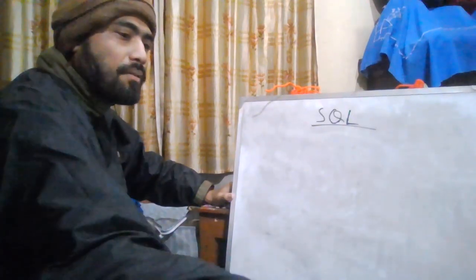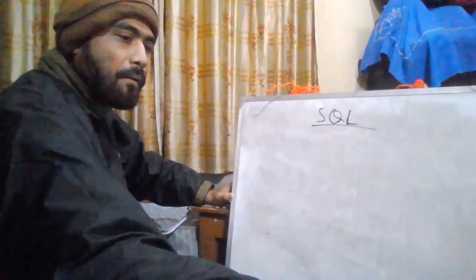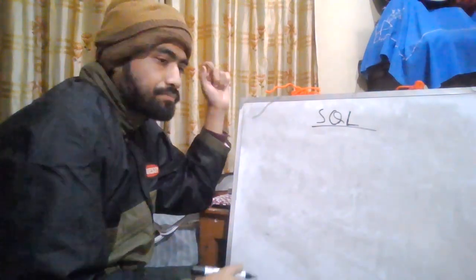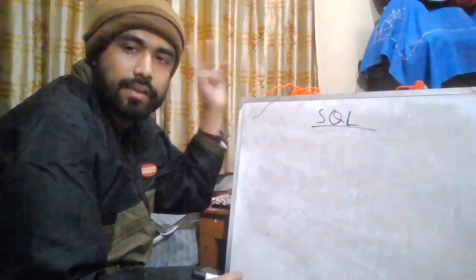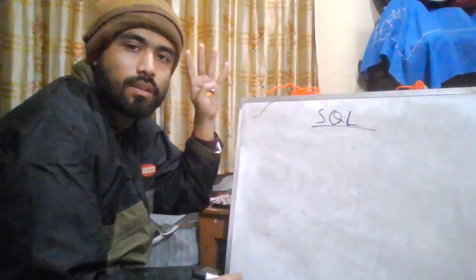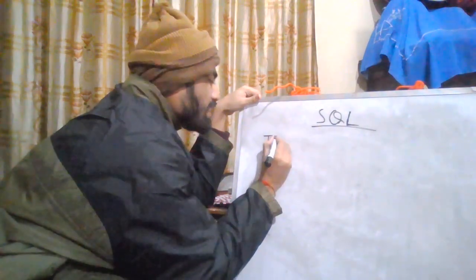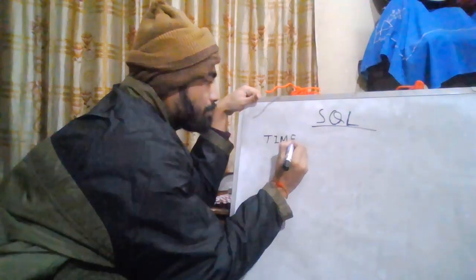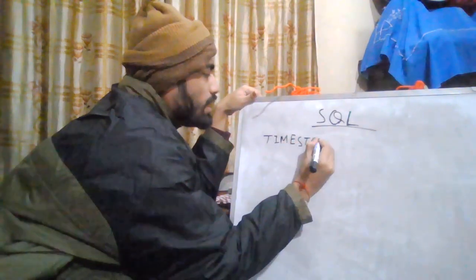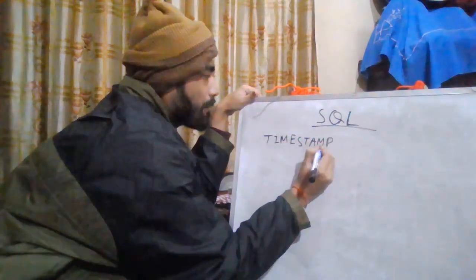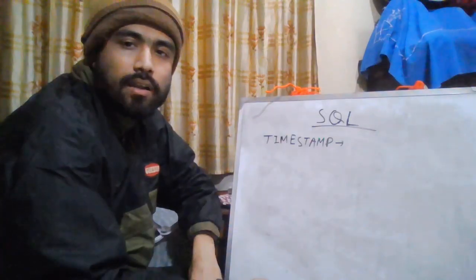So for dealing with date and time, we have multiple types of data. At first, there is timestamp.